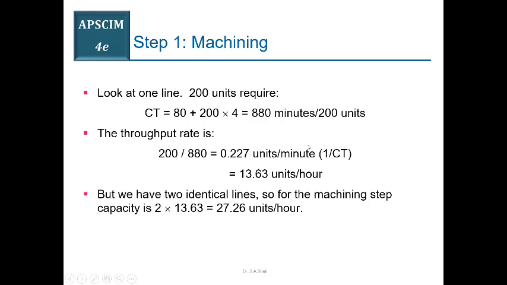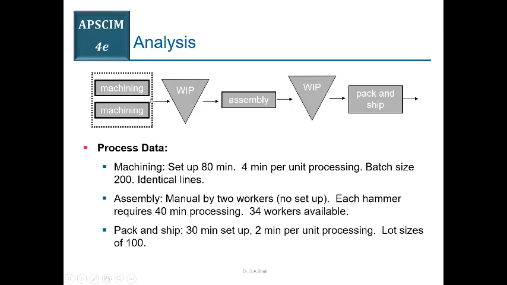So throughput rate is inverse of the cycle time. यहाँ पे mention किया हुआ है मैंने. So the overall production rate of a single station of machining center will produce 13.63 units per hour. But if you remember, we have two machines within the system.